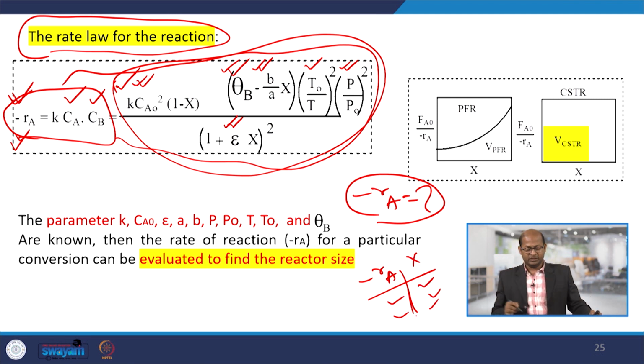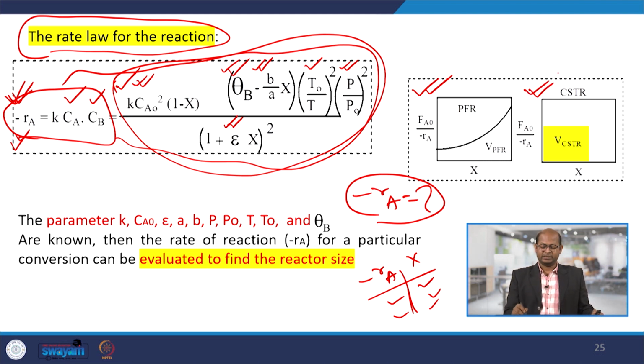This table is important to design a particular reactor and find its volume. If the reaction is conducted in a PFR, plug flow reactor, then the corresponding volume is the area under these curves within the specified or desired conversion. In that way you can find the volume of the PFR.